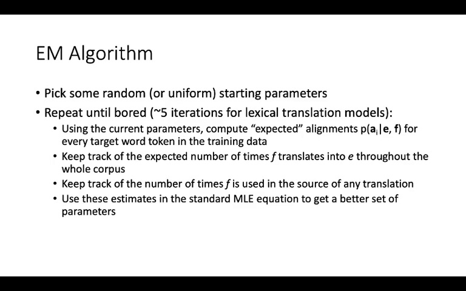We use this alignment probability to keep track of all the aligned words, and then we count the number of times f is aligned to the source word, and then we can update the parameters by frequency estimation. By MLE estimation, we maximize it using the MLE estimator, and then we iteratively go through this process. And after that, the alignment probability will have a good estimation.